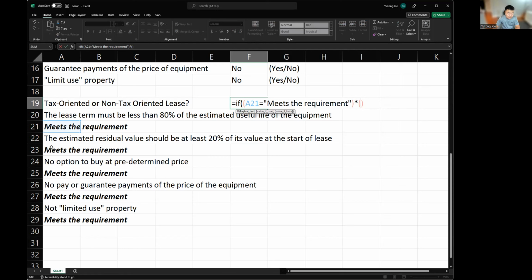The second one will be this A23 equals meets the requirement. So we can just put 2 there and try. If both requirements are met, let's just assume hypothetically, we call them the tax-oriented lease.